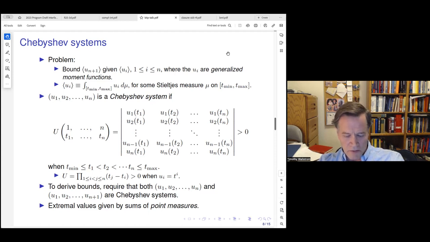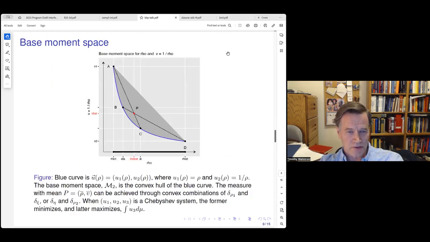So without going through the technicalities, let me try to give a graphical explanation of how this works. Here you have rho on the x-axis and 1 over rho on the y-axis. You have generalized moments for rho and generalized moments for 1 over rho, and you might have a point P there.